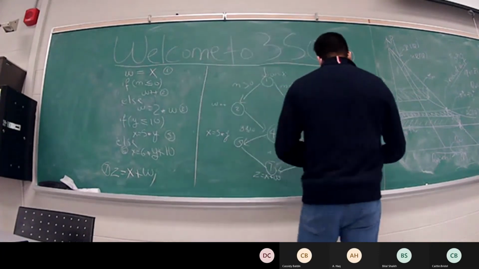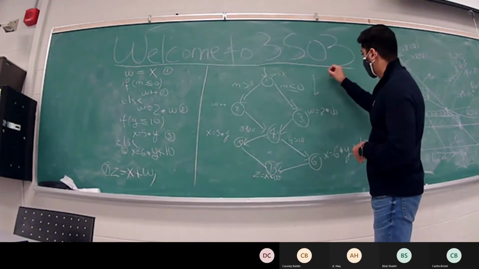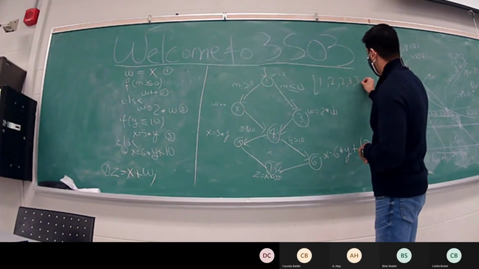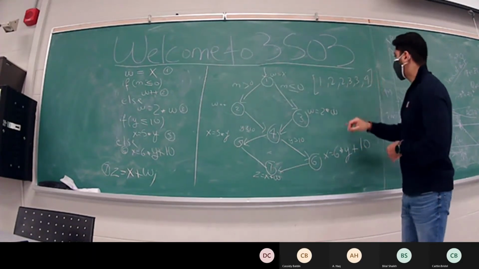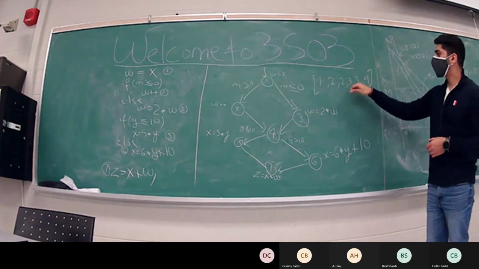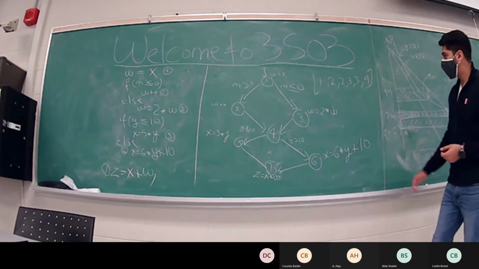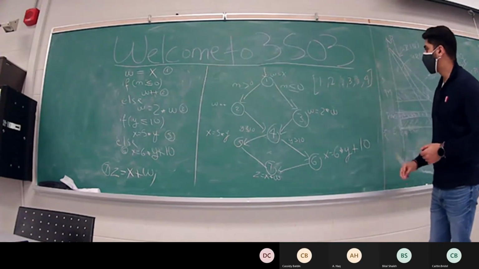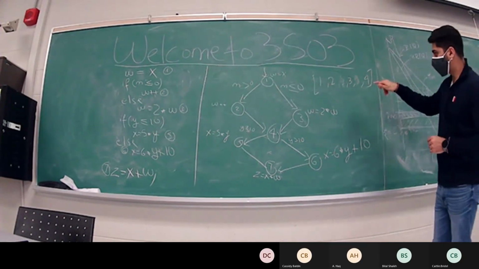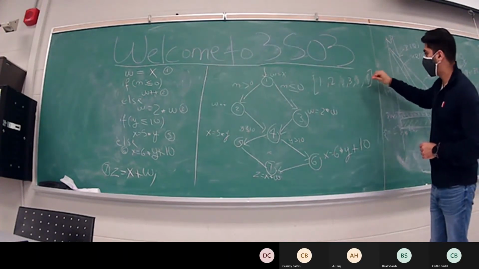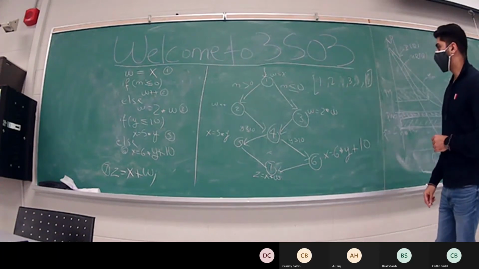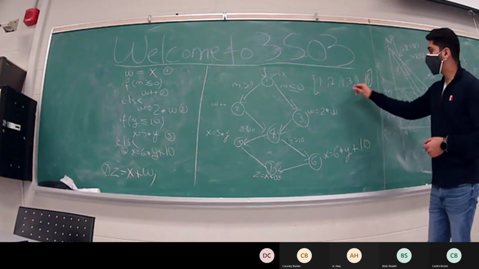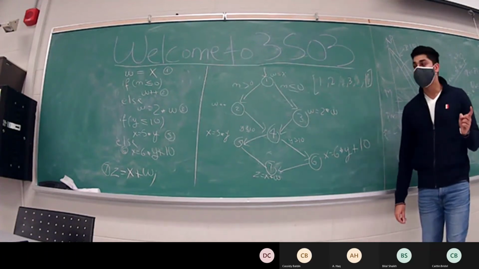For example, if you had 1, 2, 2, 3, 3, 4, that's not a simple path because you're visiting nodes 2 and 3 twice. What would be valid is if you visit each node once, except the first and last node. You could potentially visit 1 twice. That's okay because that's the start and finish. But as long as every other node is visited just once, that's a simple path.